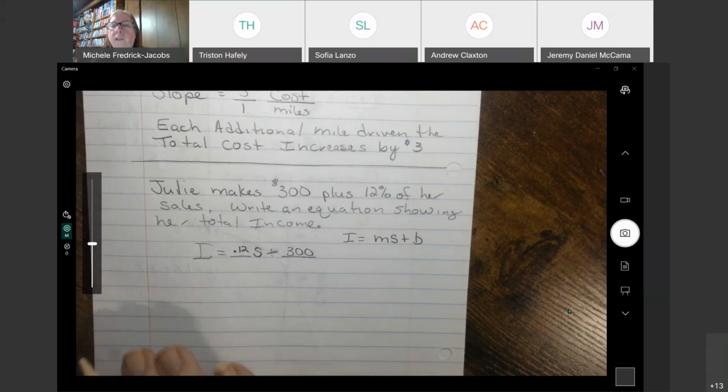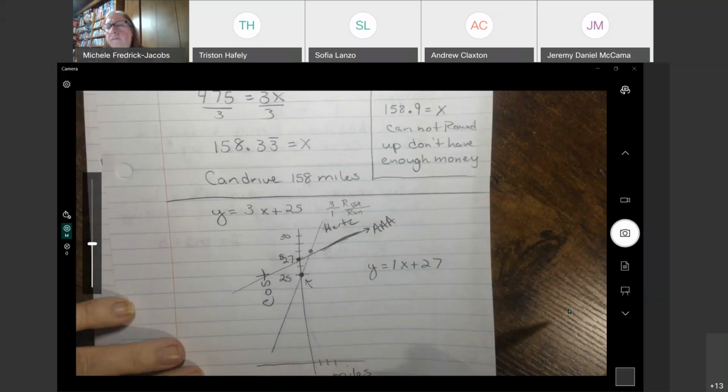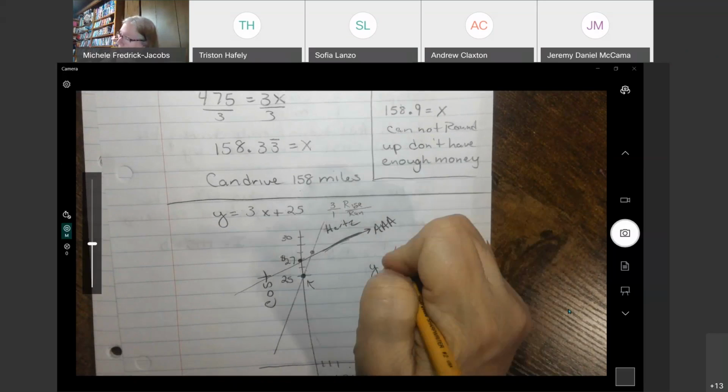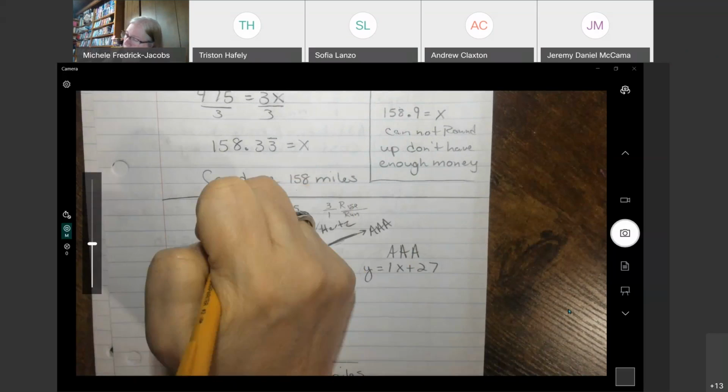Did you have a question about this one? I did. Kind of still do. So let's say those are real life prices. Like those are what we can count on if we were to go to either one of those companies. Okay, and so this one's the AAA, and this one is Hertz.